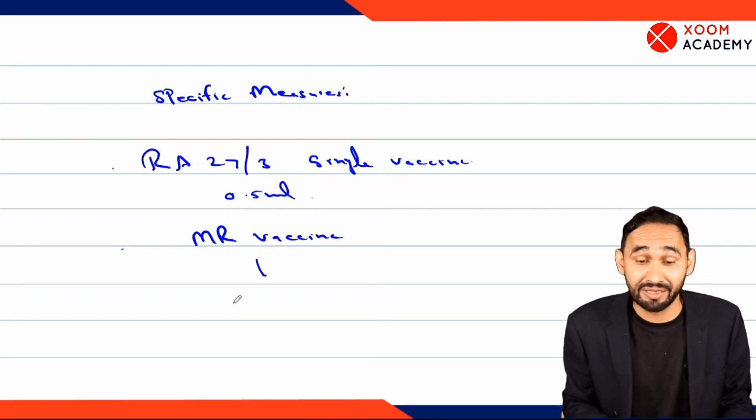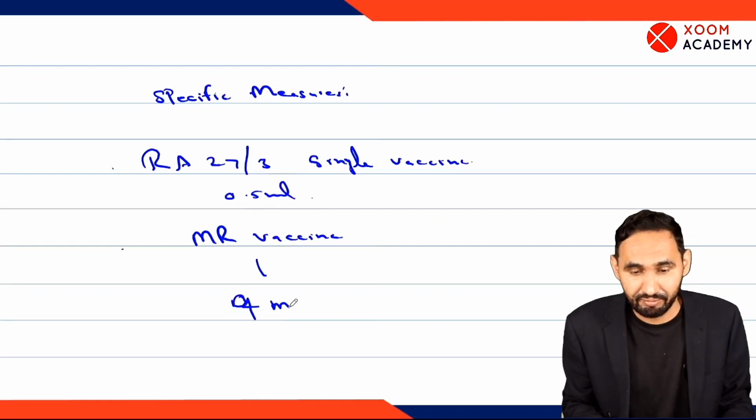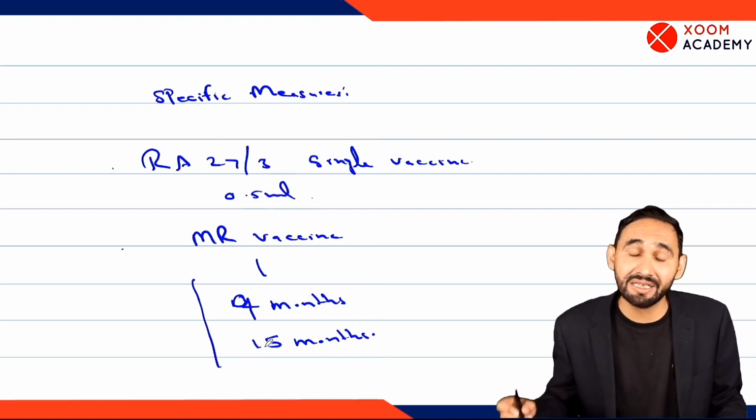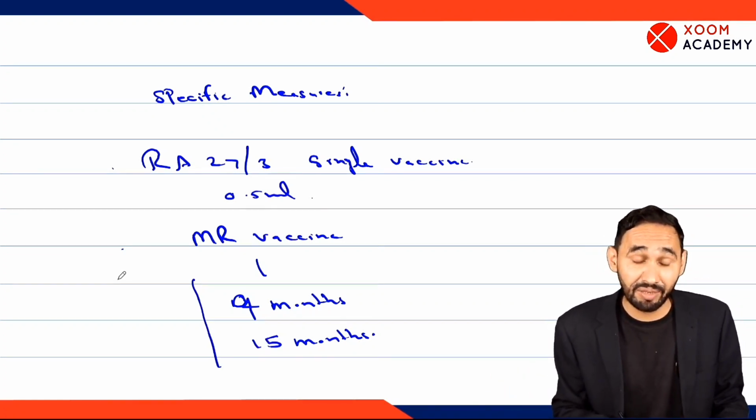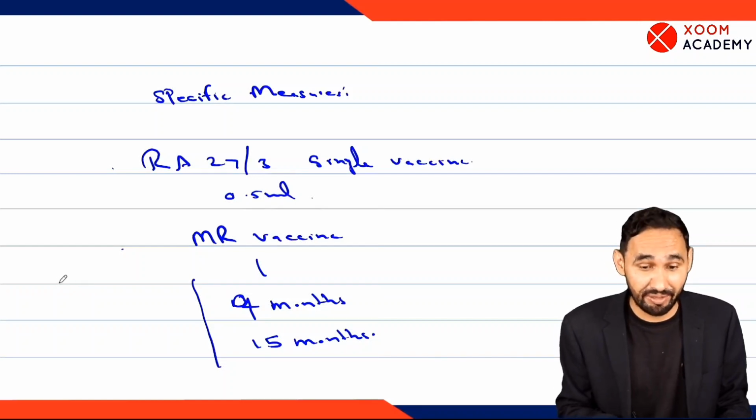The MR vaccine is given at the age of 9 months and 15 months. This is included in the EPI. And plus, in case of epidemics, it can be given till the age of 15 years.